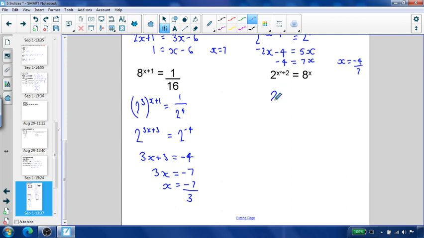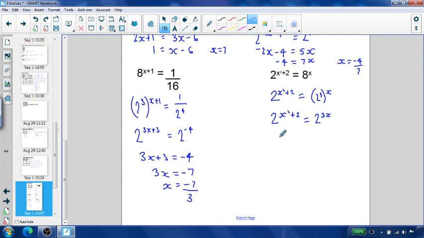So 2 to the power of x squared plus 2 is equal to 2 cubed to the power of x. Now I've got 2 to the power of x squared add 2 is equal to, let's use the brackets law, 2 to the power of 3x.